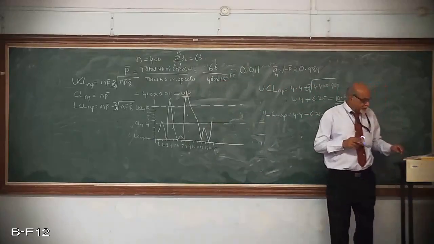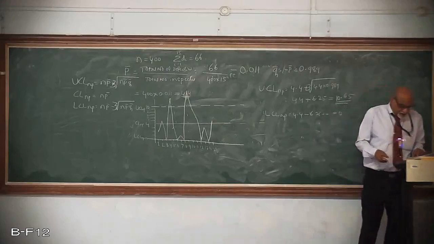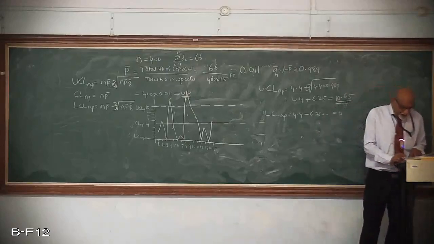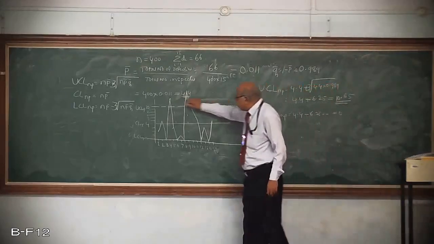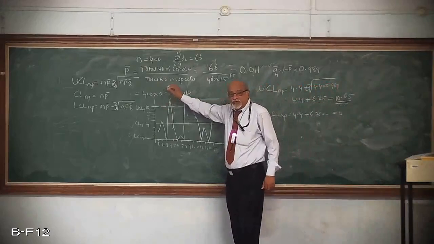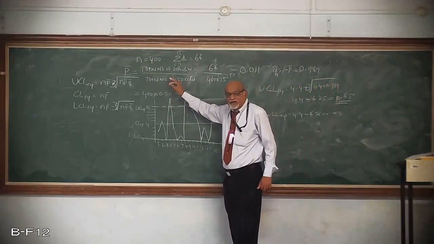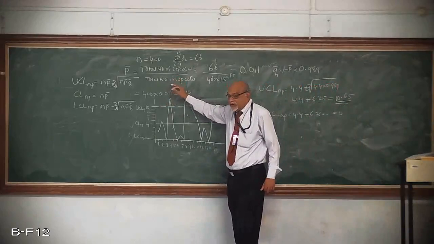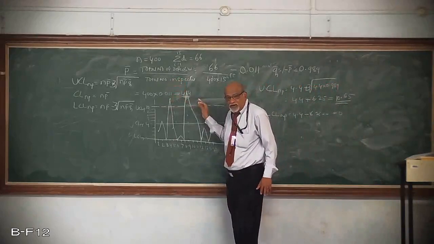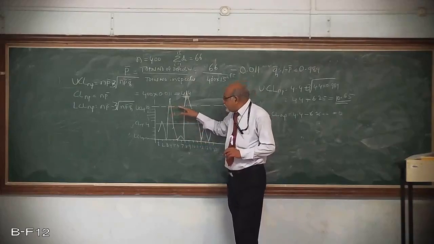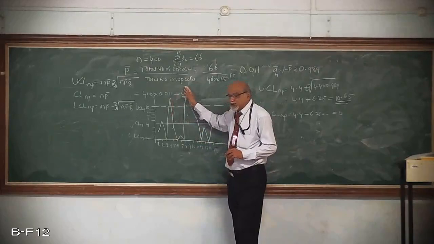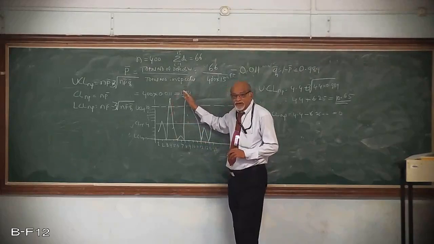Now the second part, if I look at it, this is part A. Determine the trial control limits for the NP chart and state whether the process is in control. These are called trial control limits because I have drawn them based on the given sample numbers and defectives, and I am not estimating yet. So these are trial control limits. Hence, if some points have fallen outside the control limits, those are to be eliminated.